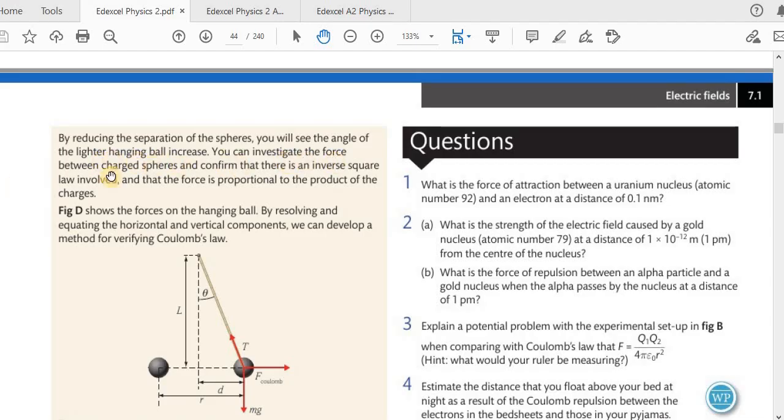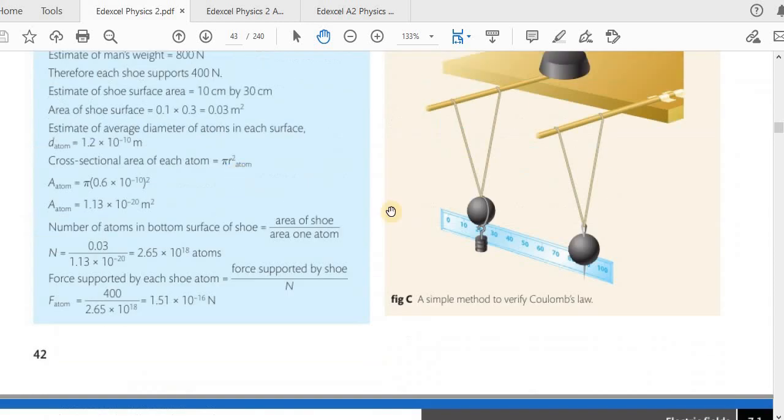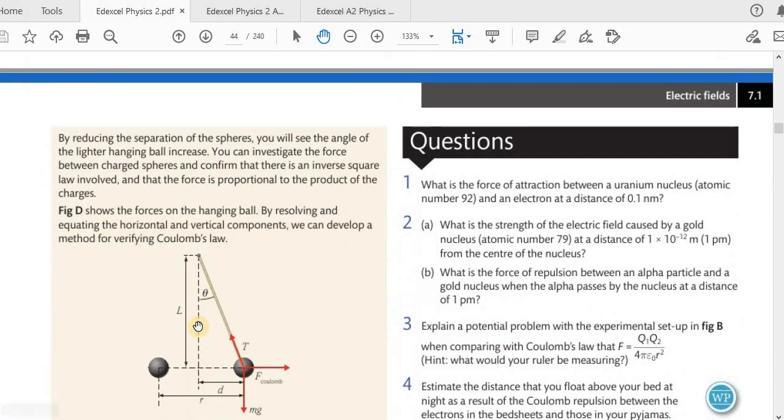You can investigate the force between charged spheres and confirm that there is an inverse square law involved. So you can check that now when you bring this closer, the distance r decreases and the force increases according to the inverse square law. Now we can verify that by doing these calculations, and that the force is proportional to the product of the charges.